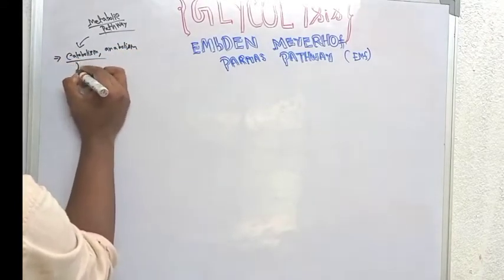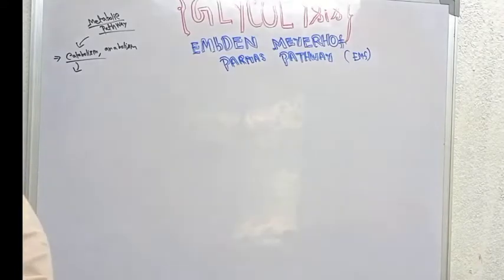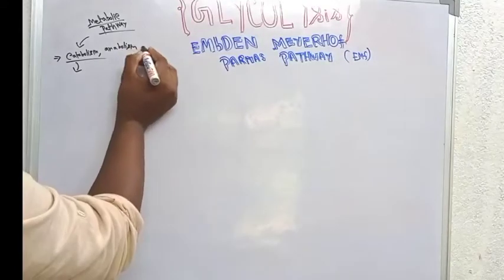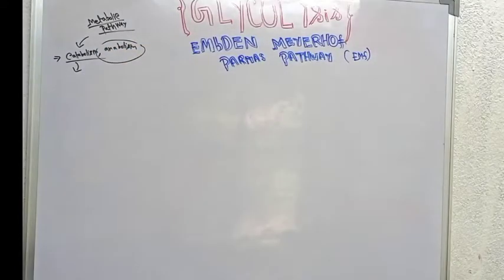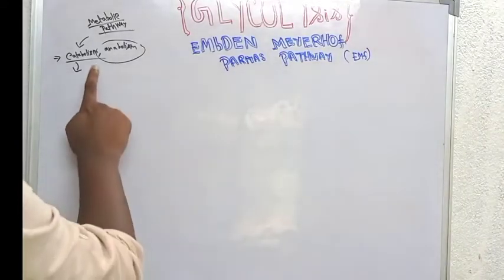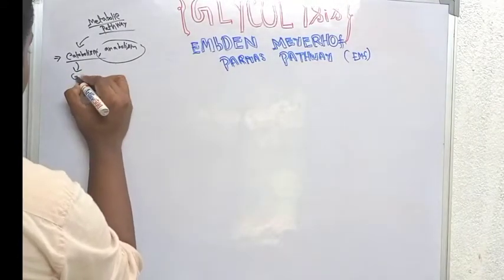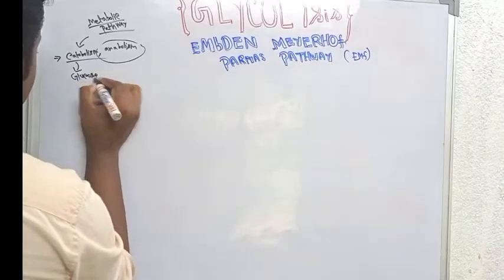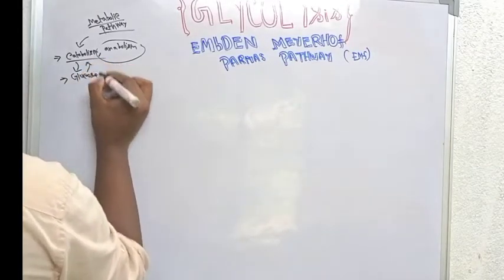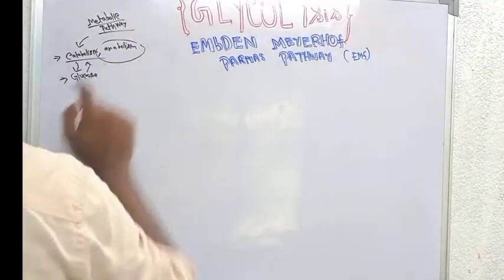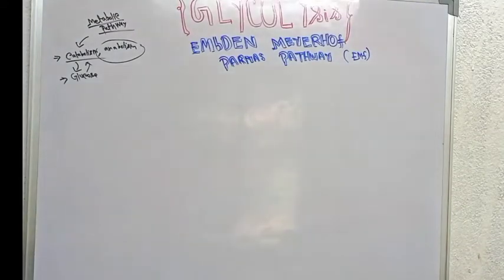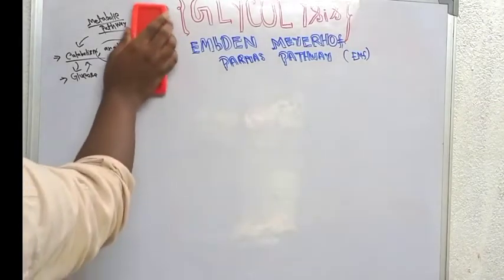Catabolism means breakdown of compounds and anabolism means synthesis of any kind of compound. So in case of glycolysis there is a breakdown of glucose. So it is a catabolic type of metabolic pathway.